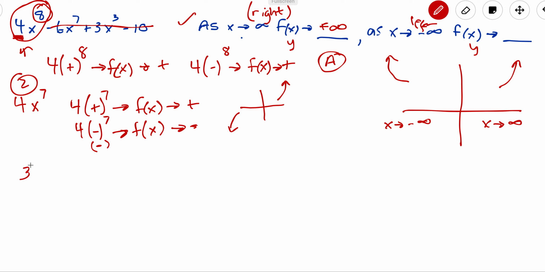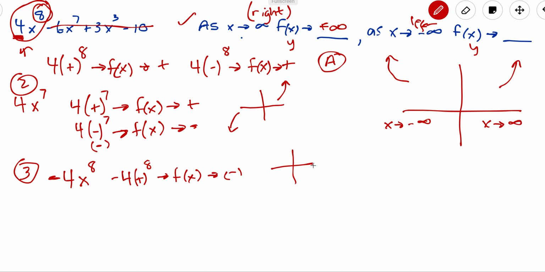Possibility number 3 is if we have a negative coefficient, like negative 4x to the 8th. So if I put in a positive number, negative 4 times a positive number to the 8th power, the y value, positive to the 8th is positive, times negative 4 is going to be negative. So if we had a graph, as x approaches positive infinity, the y would be going down.